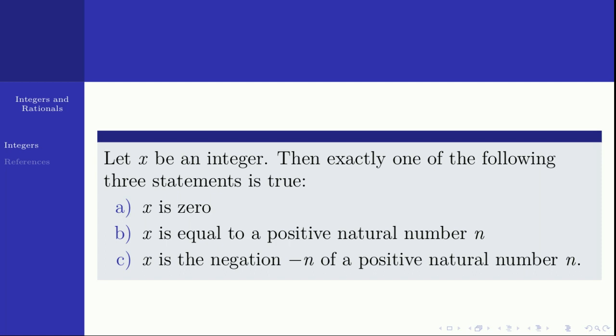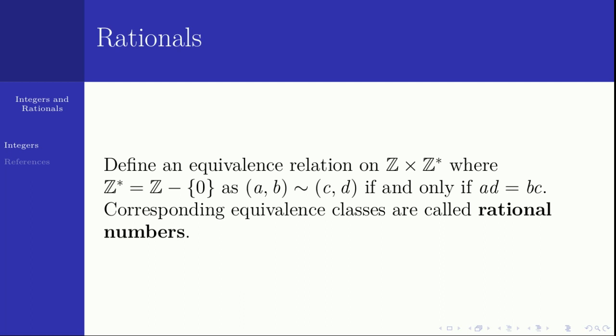Now we are going to construct rational numbers using the same technique which we have used to construct integers. We will define an equivalence relation on Z cross Z star, where Z star is the set of non-zero integers, as follows: the ordered pair (A, B) is related to (C, D) if and only if AD equals BC.